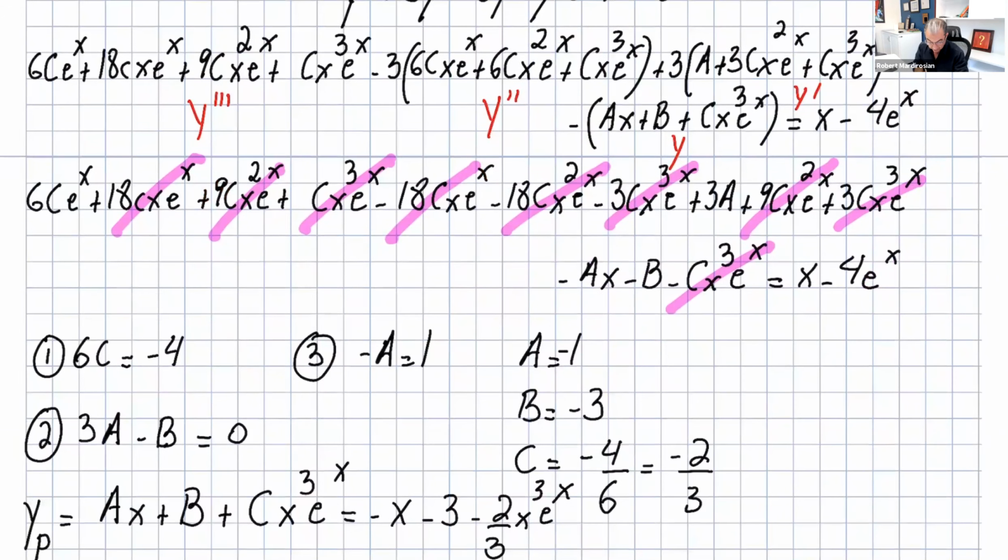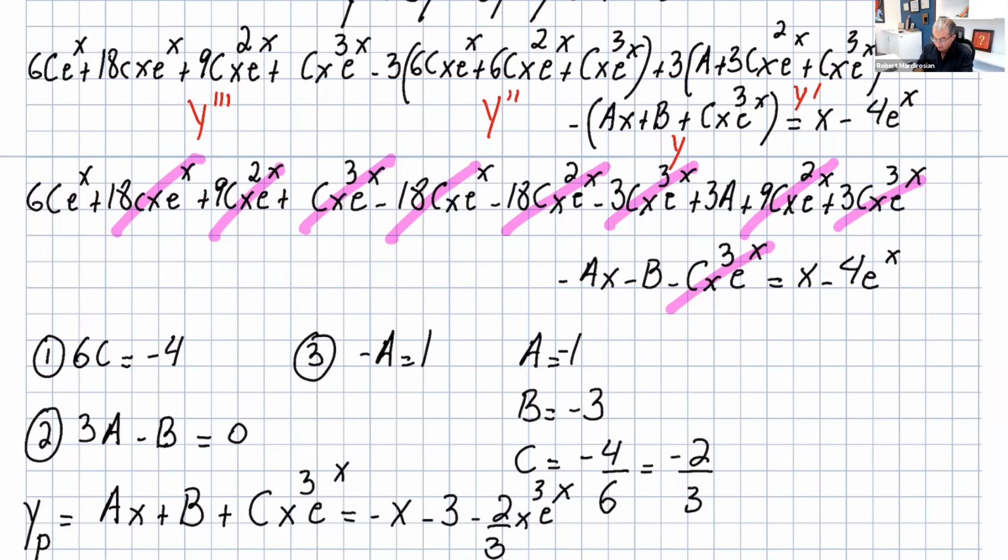Then at the end, what you need to do is match the coefficients of the left side and the right side. So here, as we can see, the coefficient of e to the x is 6c. So you write 6c, and the coefficient of e to the x here is -4, equals -4.